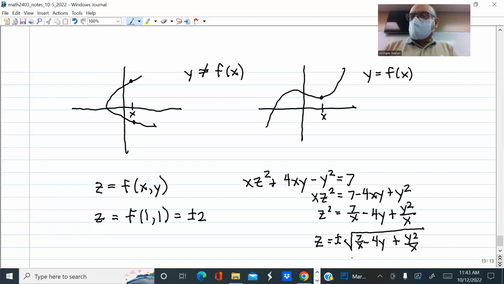So what's the analog test here in 3 dimensions? It's the same thing. A vertical line is perpendicular to the x-axis, so if you draw a line perpendicular to the x-axis and it hits the curve in multiple places, it's not a function.